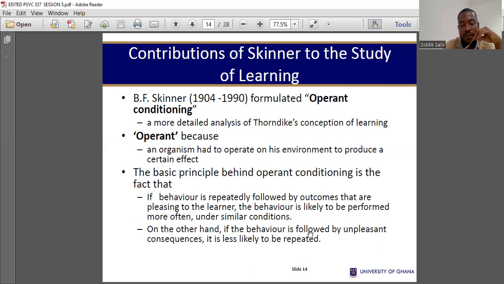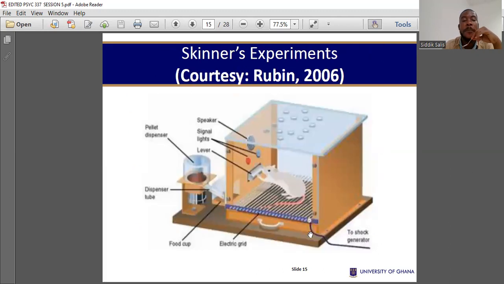If it is bad, if it's unpleasant, it is less likely to be repeated. If you do something and you are caned, it is assumed you are less likely to repeat that same behavior. But if you do something and you are rewarded, then you will repeat it again.